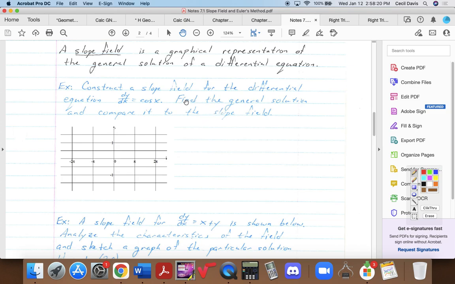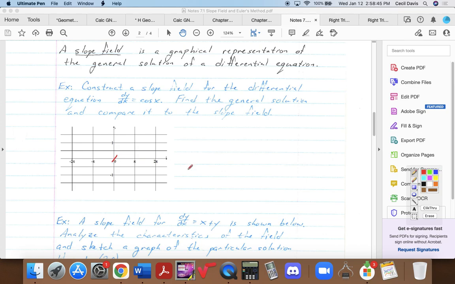Construct a slope field for the differential equation dy dx equals cosine of x. Let's do it right here on this little grid. When x is 0, what is the cosine at 0? 1. So when x is 0, the slope is going to be 1.